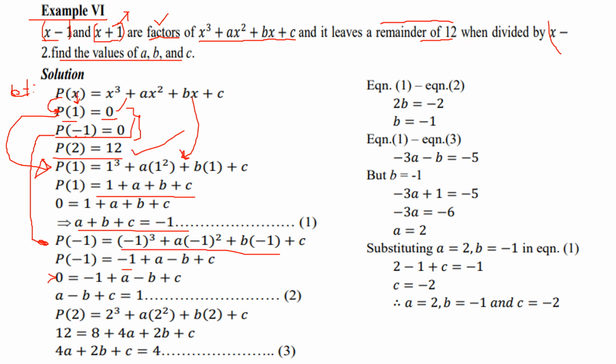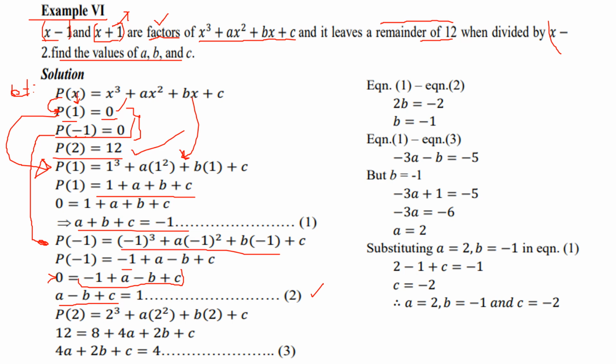After substitution, what you get is called the remainder, so we equate this expression to 0. Collecting like terms, taking values to one side and leaving letters on the other, you remain with a minus b plus c is equal to 1. So this is your expression 2, or your equation 2.